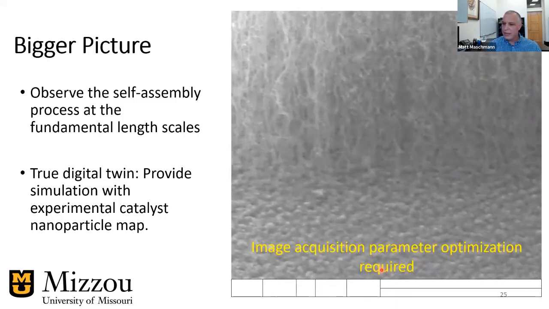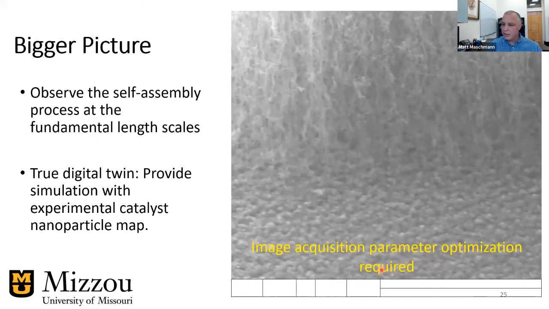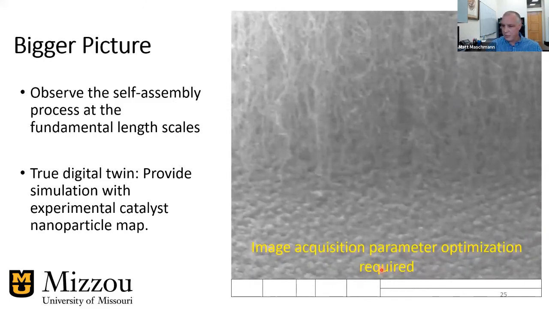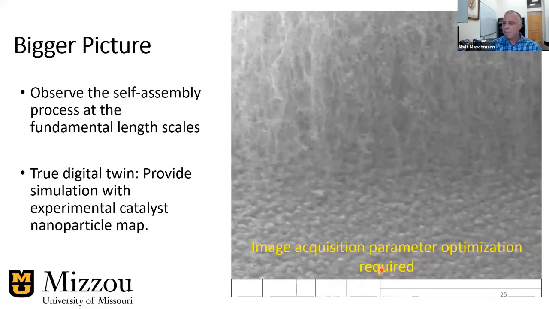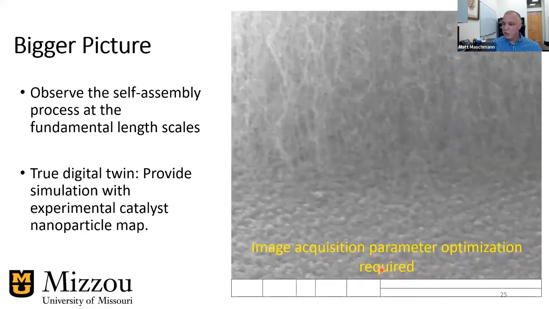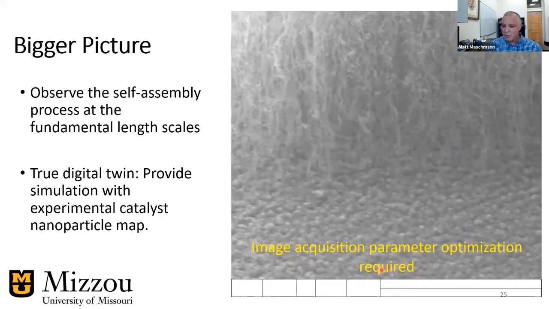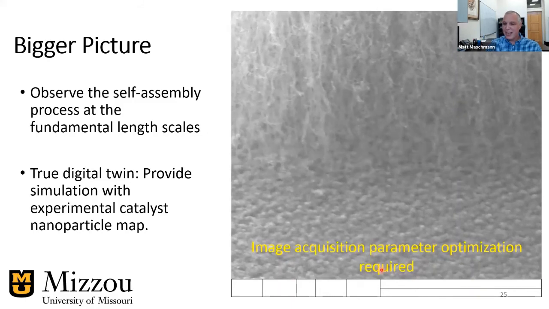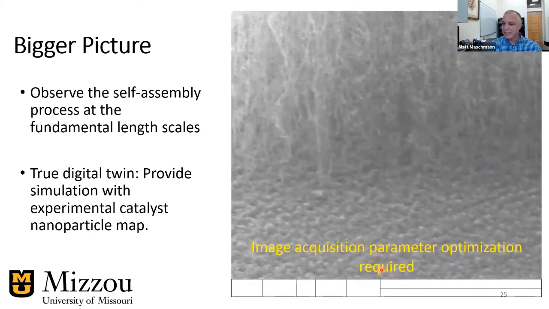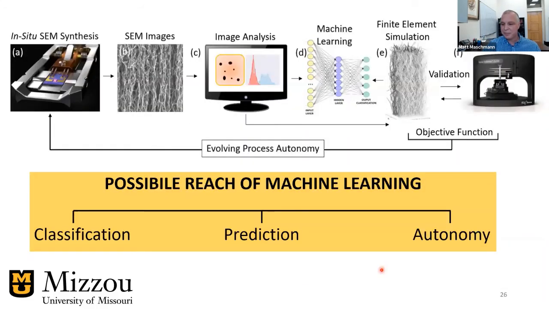Once we validate our simulations with these experimental observations that we can see with this kind of in situ growth, can we then take a one-to-one matchup where once we see the particles form, can we then convey that information to our simulations and have the simulations try to mimic exactly what's going to go on in an experiment? So that's kind of an exciting thing.